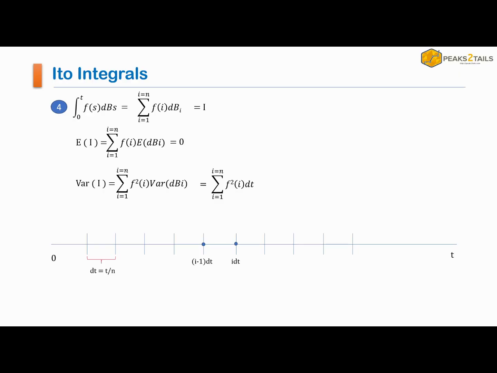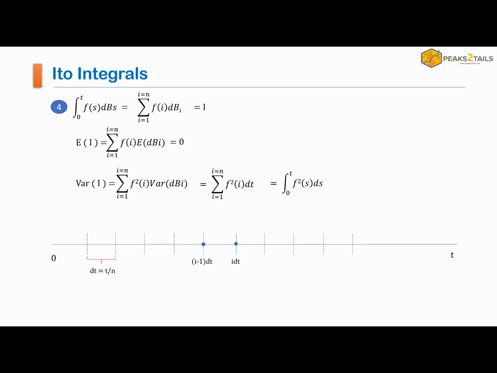Now this expression, the sum of f squared i dt, is nothing but the integration of f squared s ds from 0 to t. So if you look at the left hand side, this is just the way we calculate the integration as an area numerically, right? That is that expression.